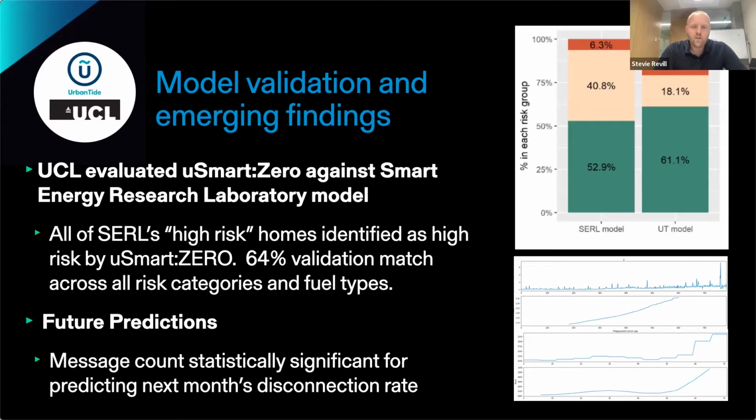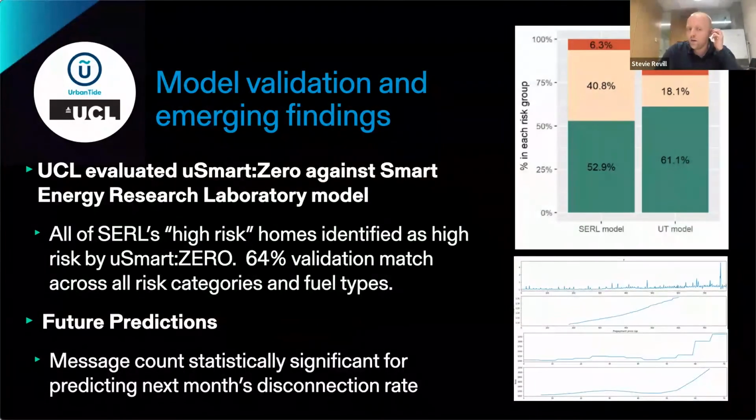The overall match gave us 64% validation against what would be a random score of about 33%, so double the kind of random score that you would get. So across all levels of risk for fuel poverty, the model performed well at that stage, and that's obviously something we look to improve upon.